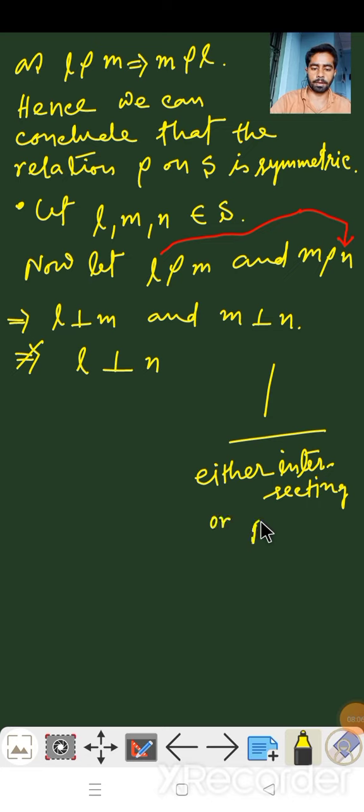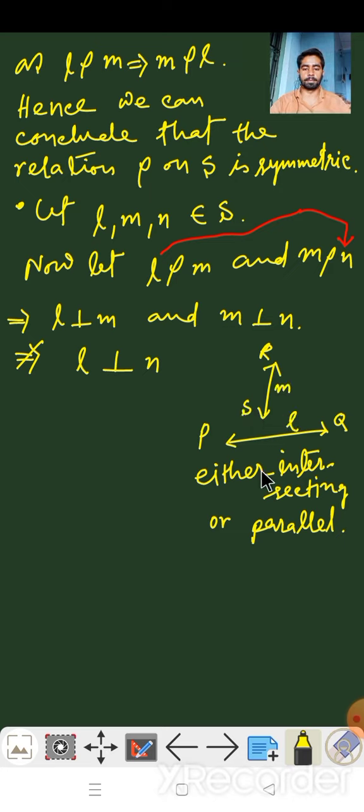That is, if two straight lines belong to the same plane, let l and n be two straight lines, then either they intersect or they are parallel.